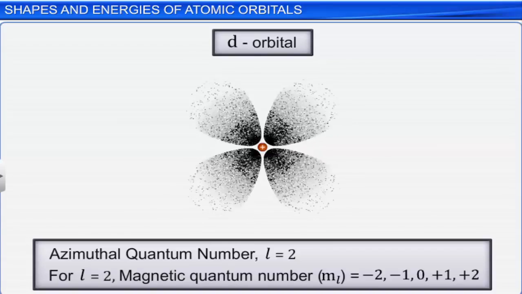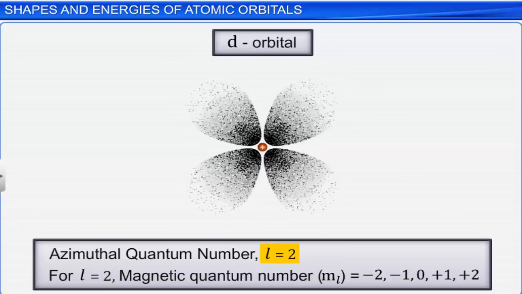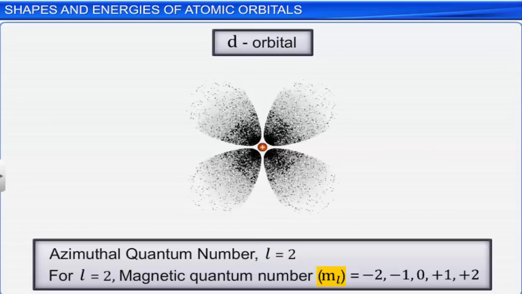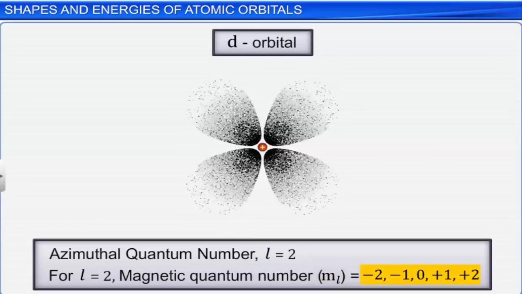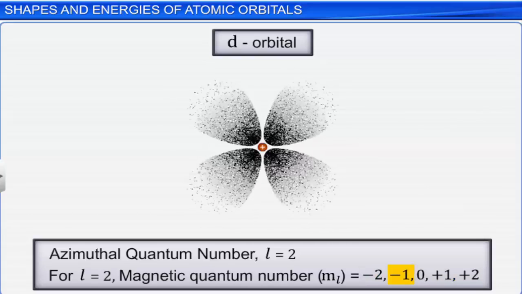For the d-orbital, the azimuthal quantum number l is equal to 2. Therefore, the number of possible orientations given by the magnetic quantum number ml is 5, corresponding to ml equal to -2, -1, 0, +1, +2.